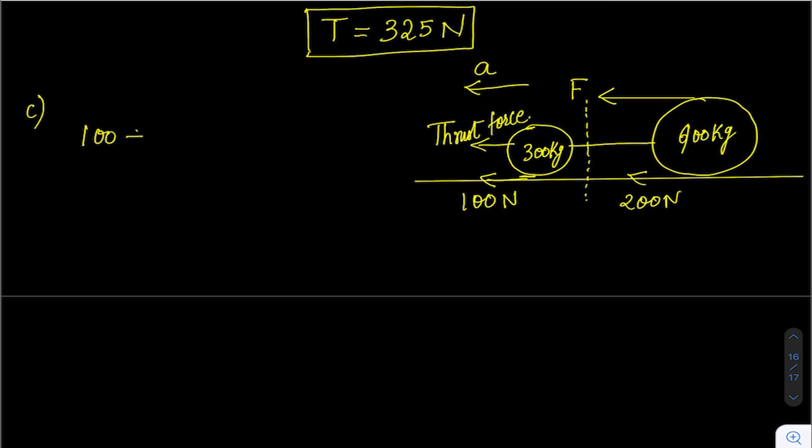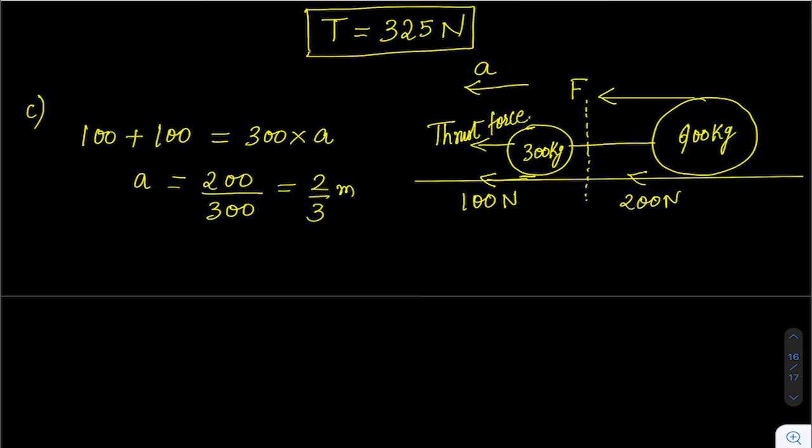So we can say that this thrust force plus this resistance is the net force, equal to mass 300 into acceleration A. So what's the acceleration now? Acceleration will come out to be 200 divided by 300, which is 2/3 meter per second square. So it means my trailer and car will decelerate at the rate of 2/3 meter per second square.